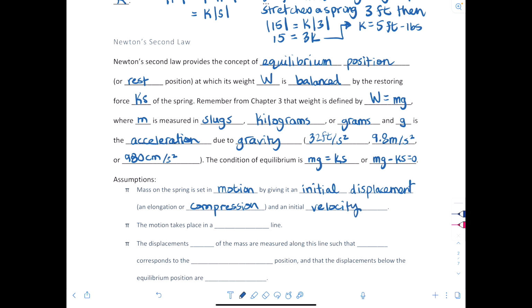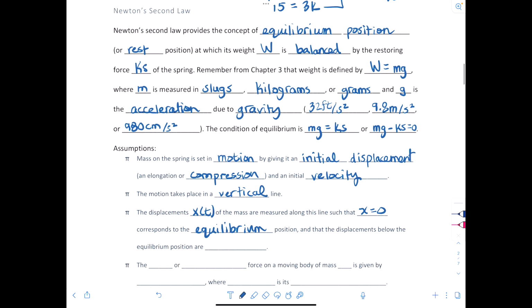The motion takes place in a vertical line. The displacements, this is where x will come in, x at t of the mass are measured along this line such that x equal to 0 corresponds to the equilibrium position, which makes sense, right? That's the at rest. And the displacements below equilibrium position are positive. That's going to be the kind of weird part.